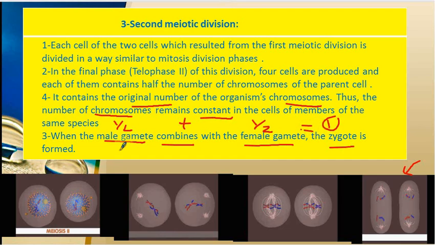For example, in humans, the male gamete has 23 chromosomes, the female gamete also 23 chromosomes, so the baby will have 46 chromosomes.